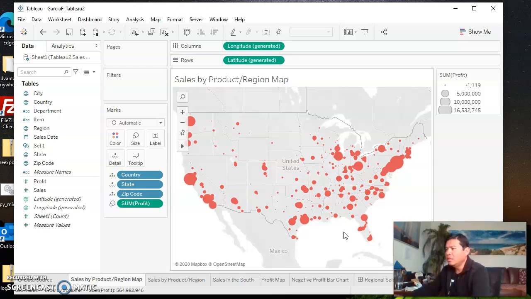Here we can see a lot of sales in the country. We can see where the bigger the circle is, the more sales and profit there are. We can see sales here in the west region. We can also see sales in the north region, the south region. We can see a lot of activity here, and I would like to look in more detail into this area.